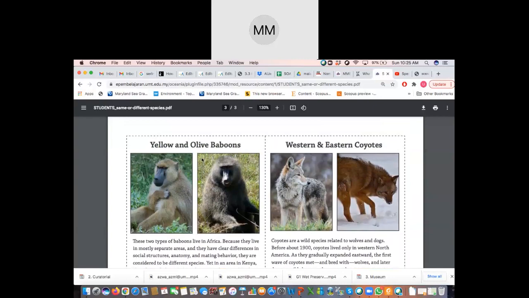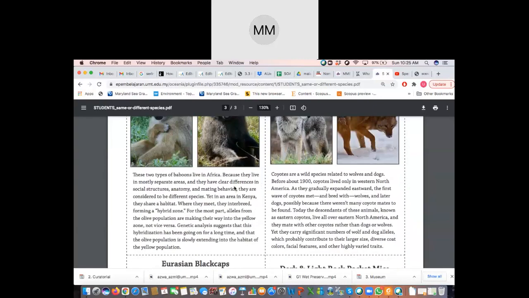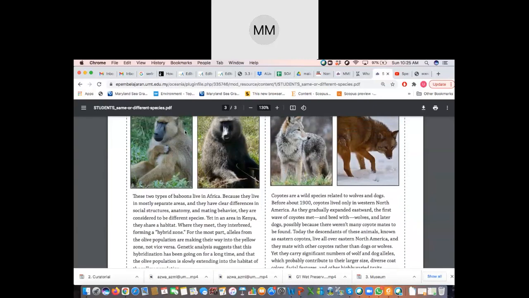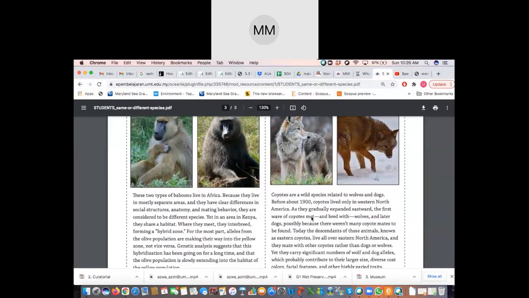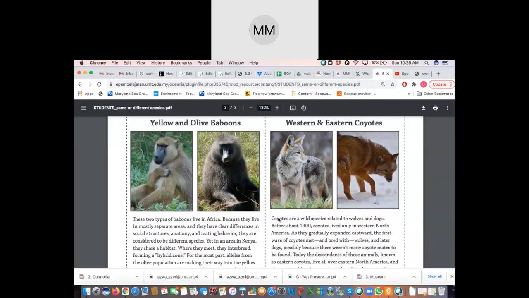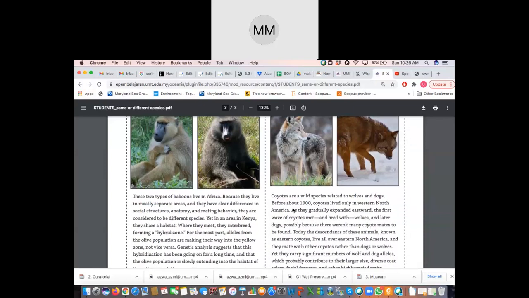All right. So we try with the, okay, this one is a tricky one, actually. Okay, I'll try with the coyotes. Coyotes are a wild species related to wolves and dogs. Before about 1900, coyotes lived only in Western North America.